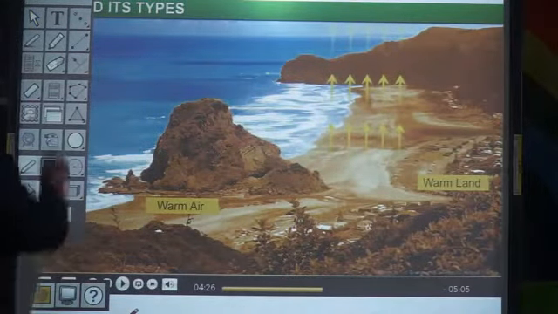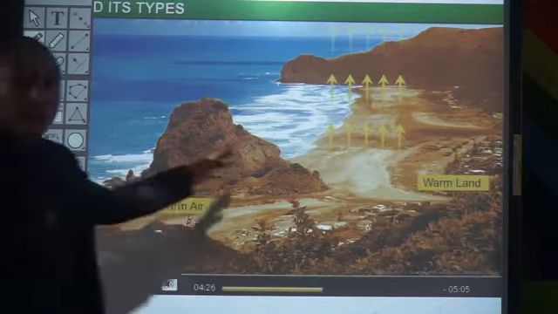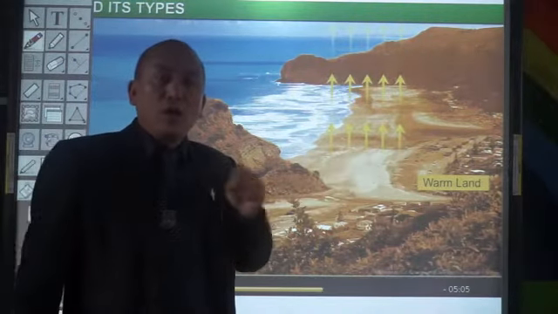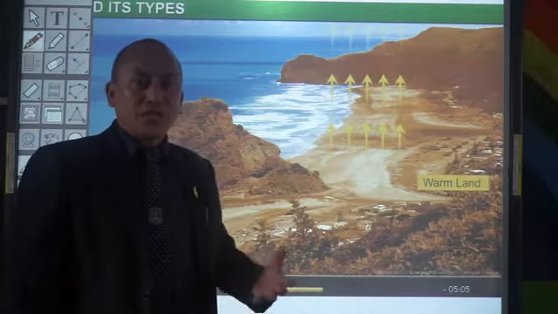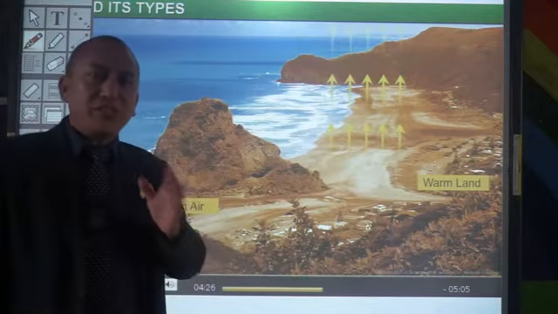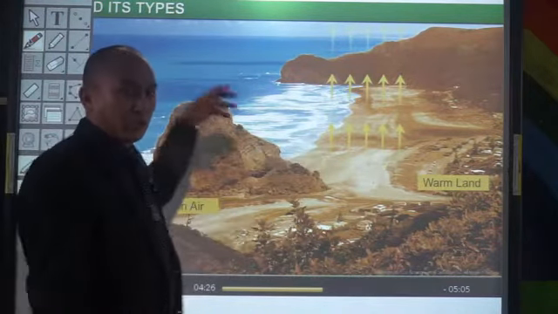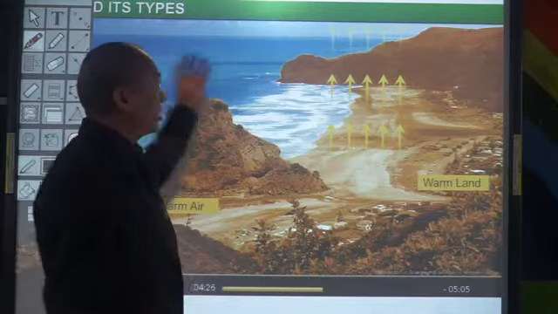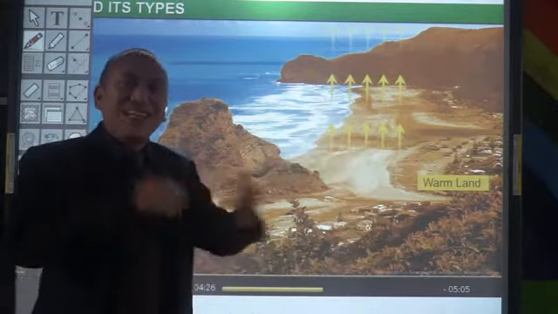Now, how does the land and sea breeze take place? In the land and sea breeze case, the winds blow from the sea to the land during daytime and from the land to the sea during nighttime. So it's on a daily basis.